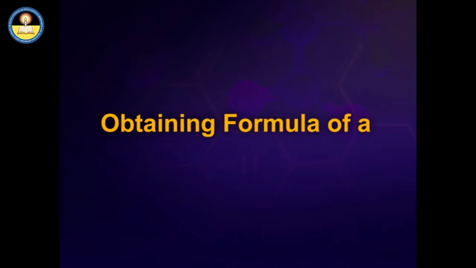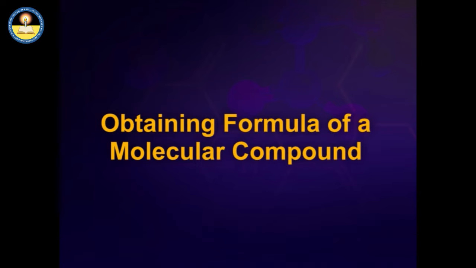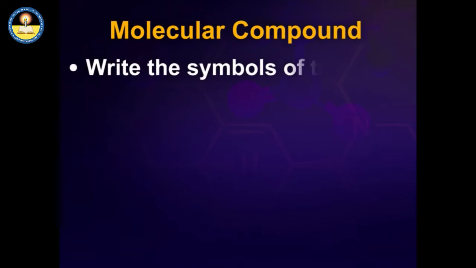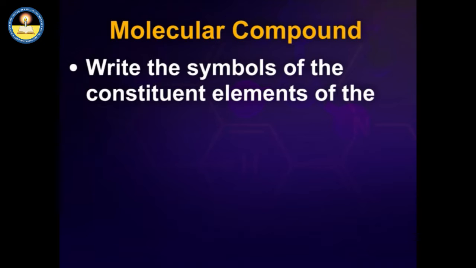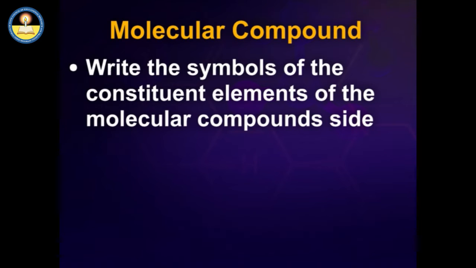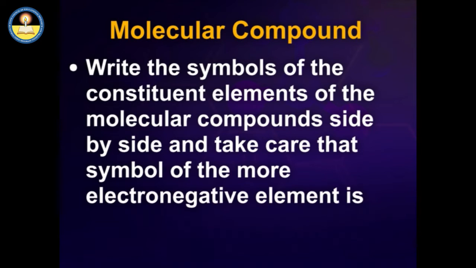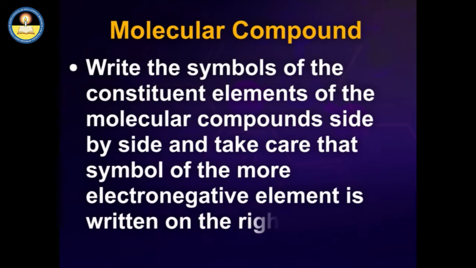Obtaining formula of a molecular compound. The chemical formula of simple binary molecular compound can easily be obtained by following few steps. 1. Write the symbols of the constituent elements of the molecular compounds side by side and take care that symbol of the more electronegative element is written on the right-hand side. 2.